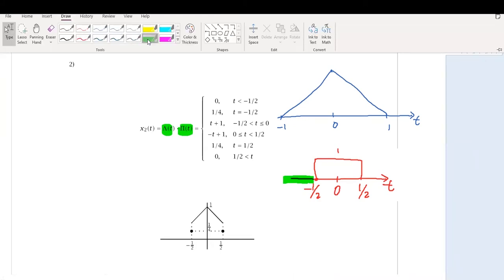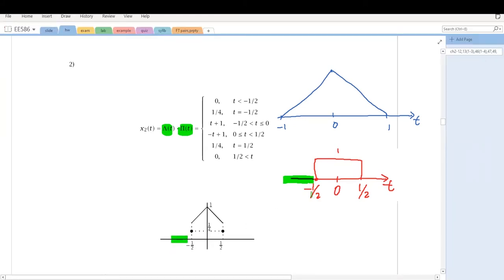That's all 0, up to t equals minus half. When t equals minus half, this function value is 1, so it will have 1 multiplying everything here when t changes from minus a half to half. So therefore, we're going to have this here.